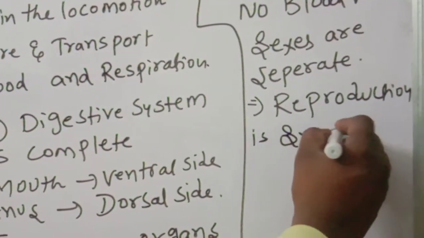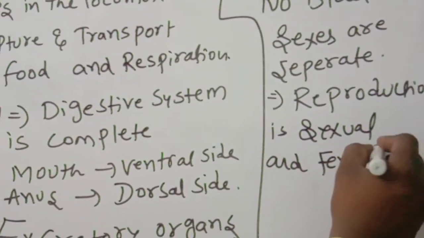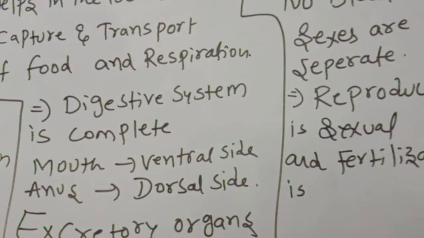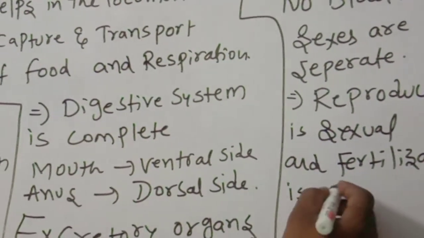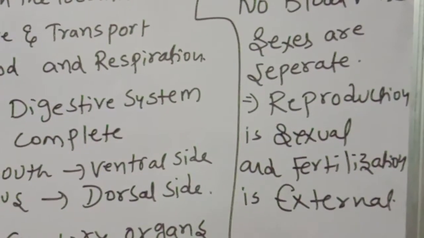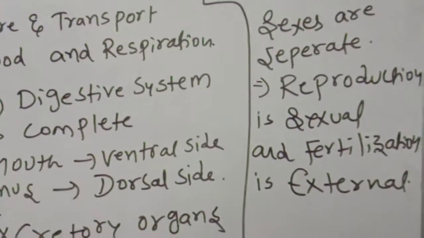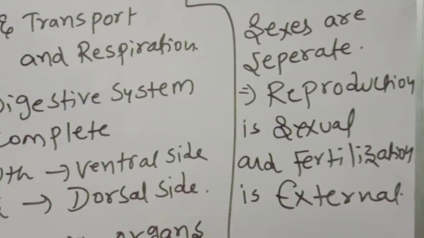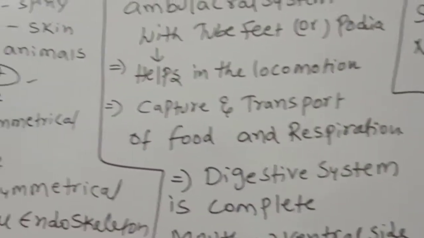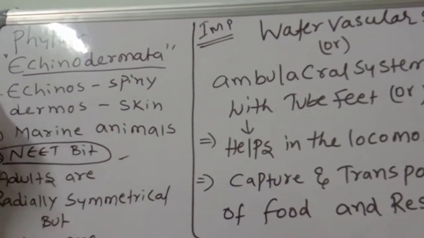Reproduction is sexual, and fertilization is external. What is the meaning of external? The combination of male and female gametes takes place outside of the body; that is called external fertilization. Okay children, observe very carefully. Why we call them echinoderms, that point you should remember.